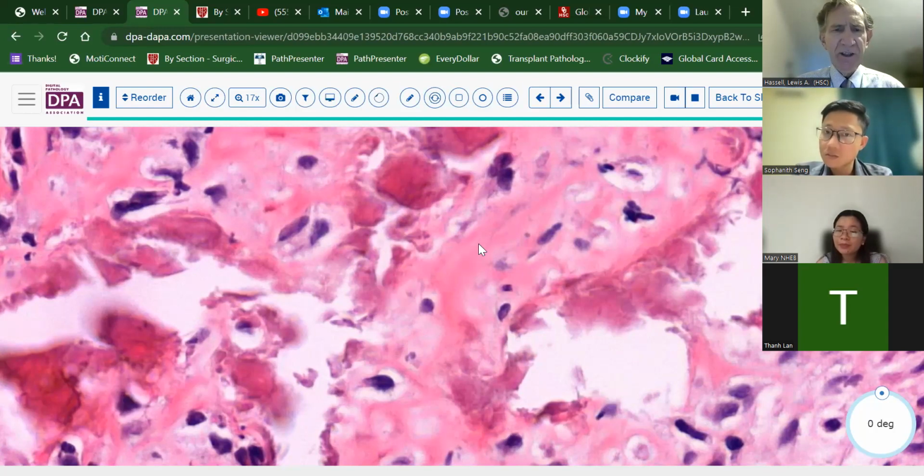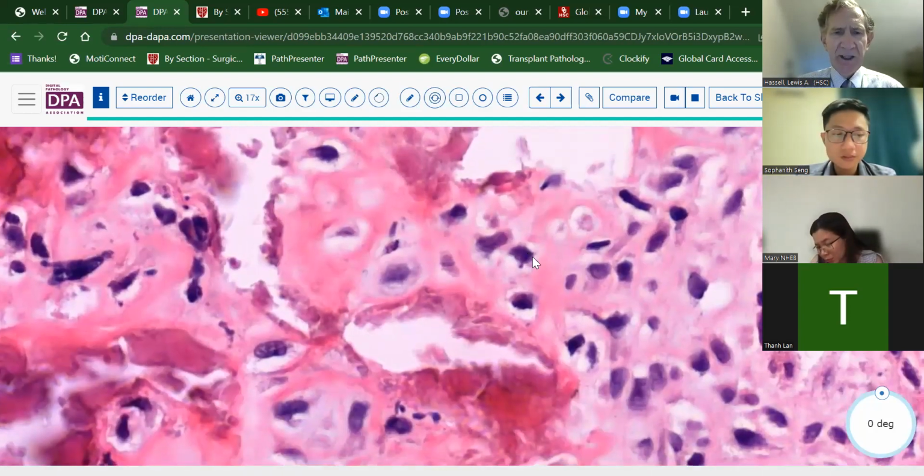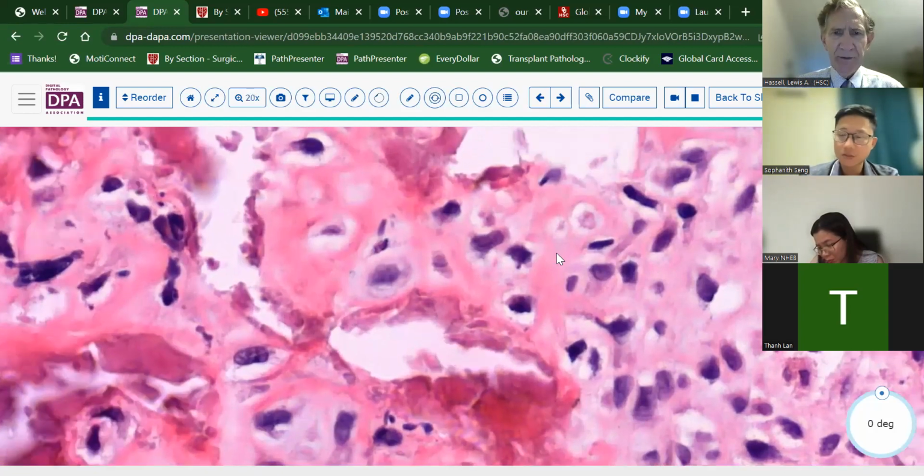And we use that tool fairly frequently in osseous lesions to identify osteoid. So finding atypical cells like these amidst an osteoid matrix is the sine qua non of osteosarcoma.